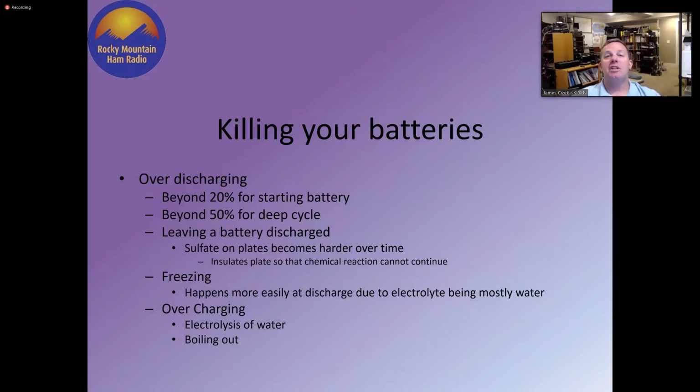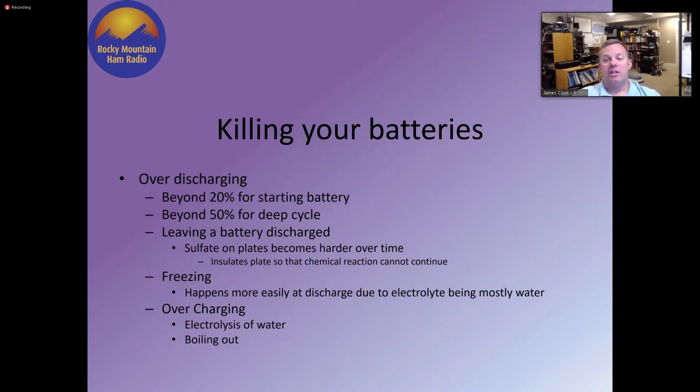If you accidentally have a battery go much lower, as long as you get it charged back up, if you haven't warped the plates, you're probably going to be fine. But the key here is that the longer the battery sits in a discharged state, that lead sulfate that's been coated on those plates gets harder and harder and harder, and it becomes insulative.